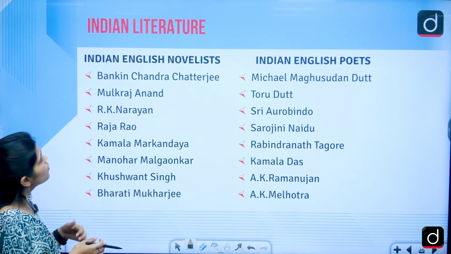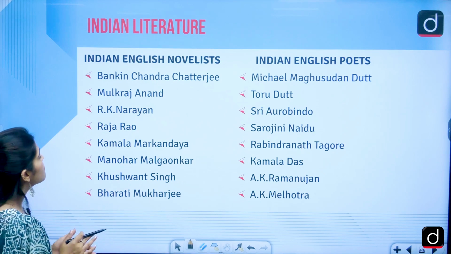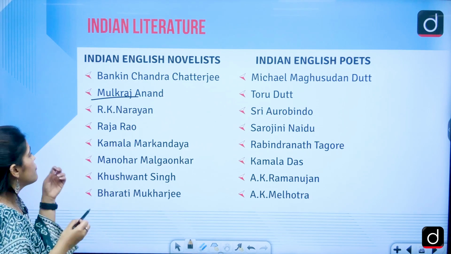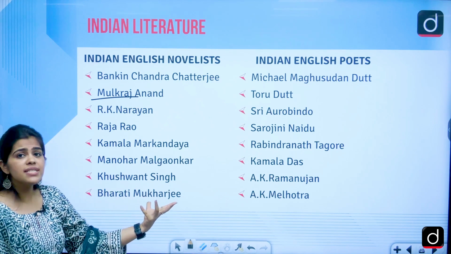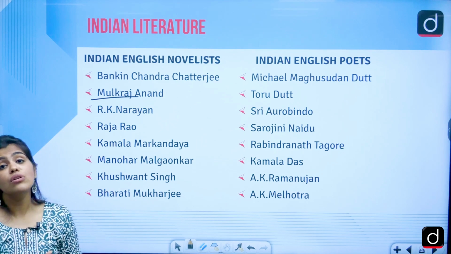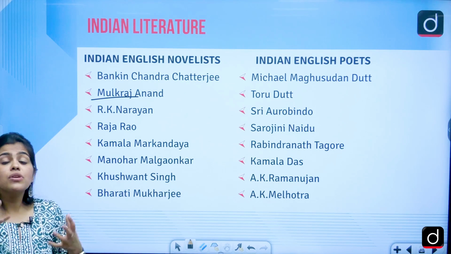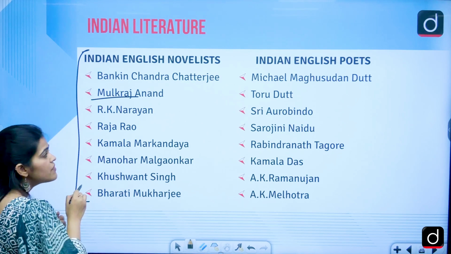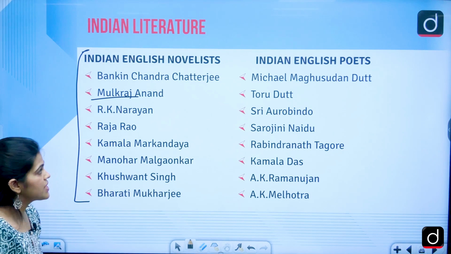So we'll start with, of course, Bankim Chandra Chatterjee, Mulk Raj Anand, Narayan, Raja Rao, Kamala Markandaya, Khushwant Singh. So these are some important writers you cannot forget. But we'll also be dealing with the contemporary writers who are very important. To understand, first of all, you need a good knowledge about all of these novelists, but the contemporary period is what we will be focusing on.